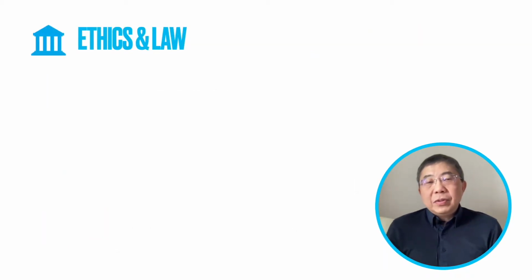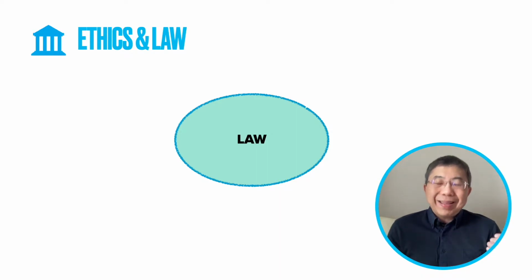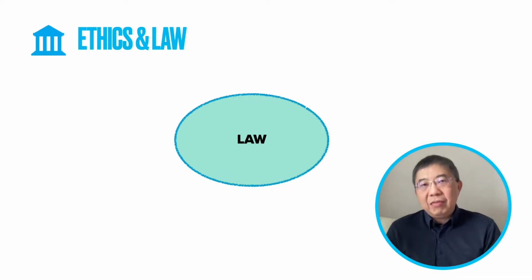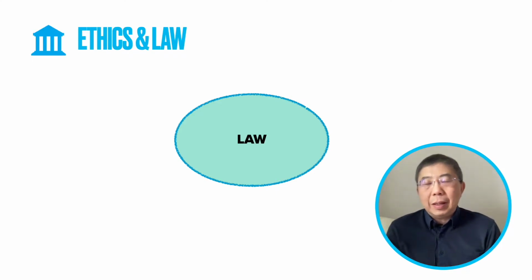Is there any difference between ethics and law? What are laws? Laws are rules that govern the behavior of people. Laws tell us what we can or cannot do. Yes, some laws are based on ethical and moral behavior, but not all laws relate to ethics and morality.